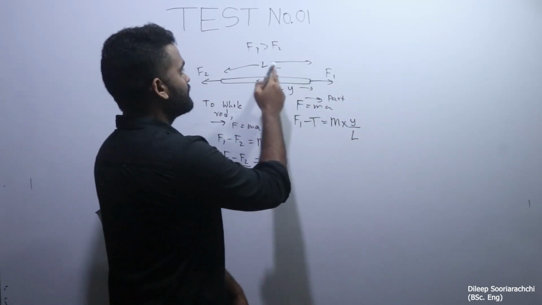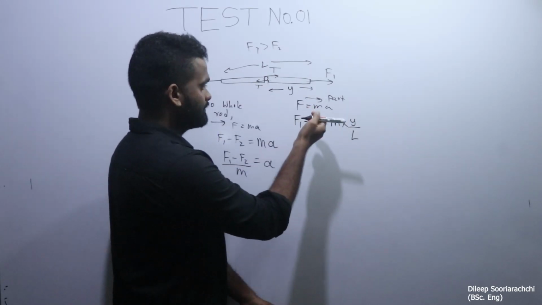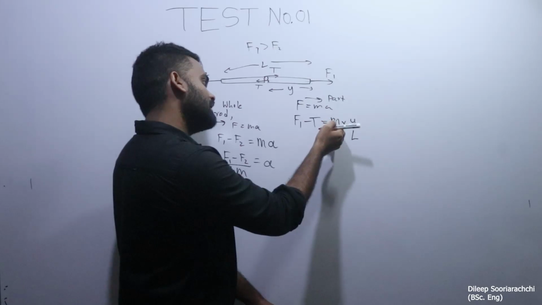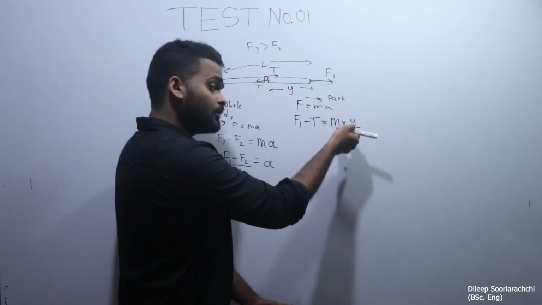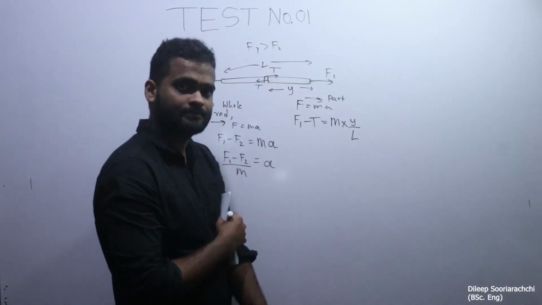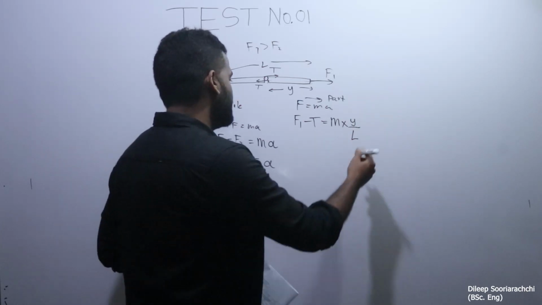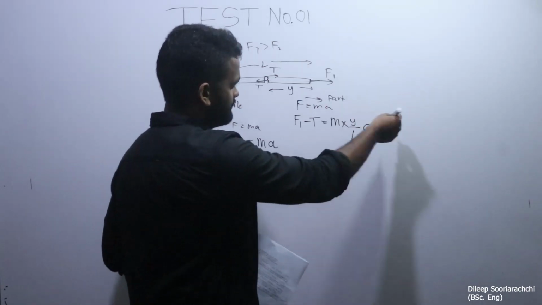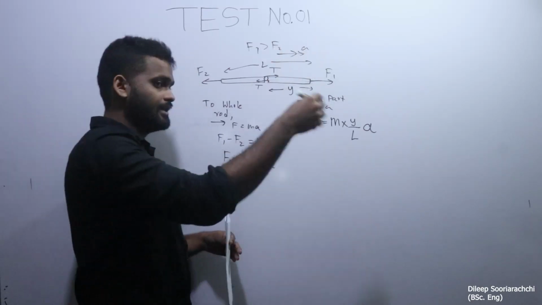Y divided by the total length is a fraction of the rod. Then multiply that by the mass of the whole rod, and you get the mass of this part only. So that is my divided by L. Then for that part as well, the acceleration should be simple a.